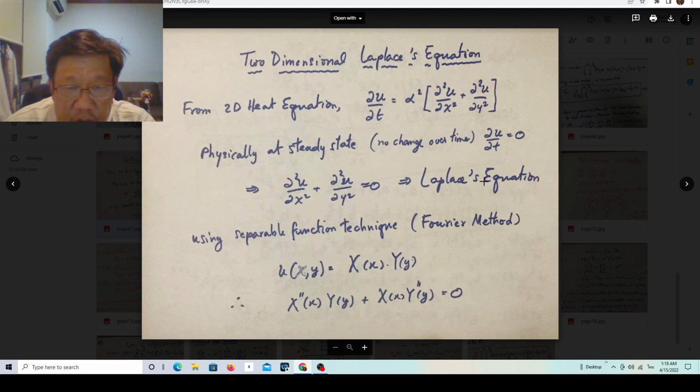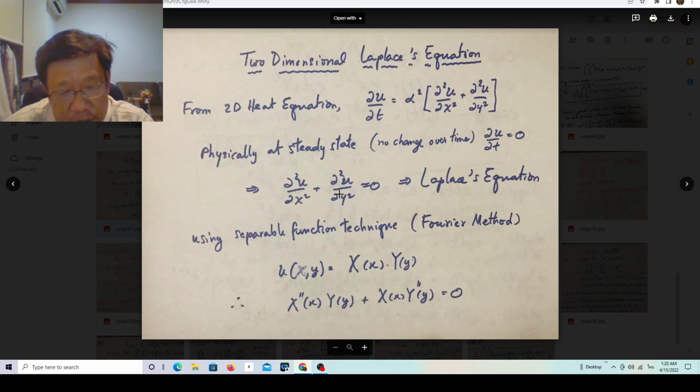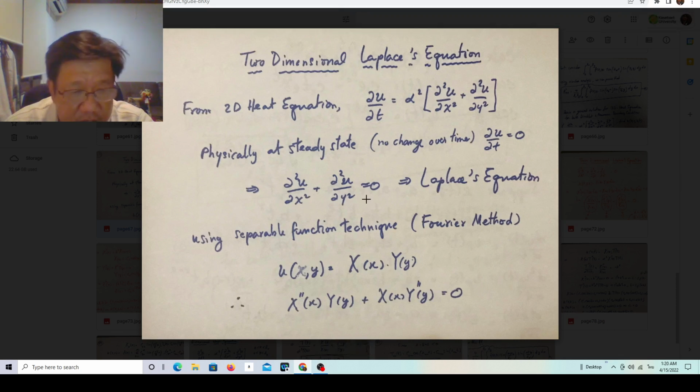So in this clip, we'll be interested to study how we solve for a non-trivial solution for u of x, y that satisfies a certain boundary condition and leads to this Laplace equation.